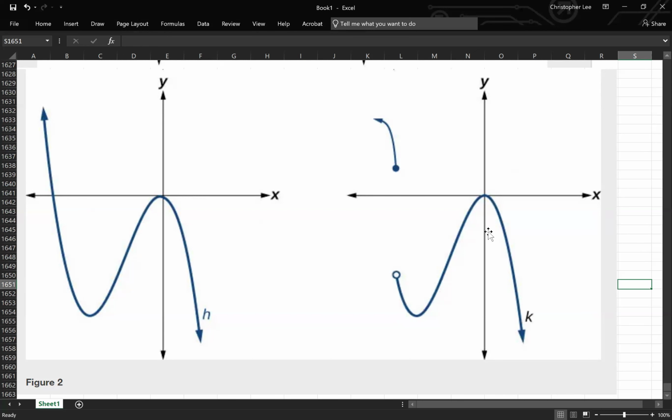Why not? Because it has a break in it. If I was drawing this, I'd have to draw the top, take my pen up, then put it back on the page just to draw the bottom. So for that reason, it's not a polynomial.